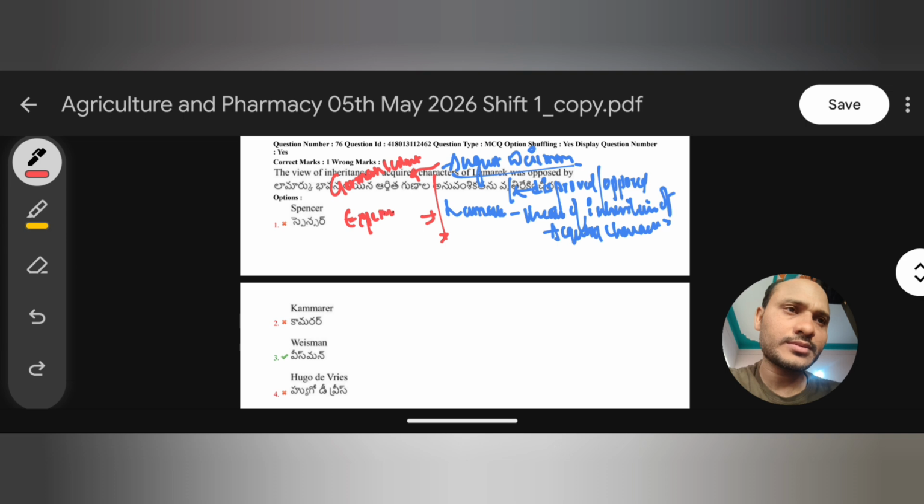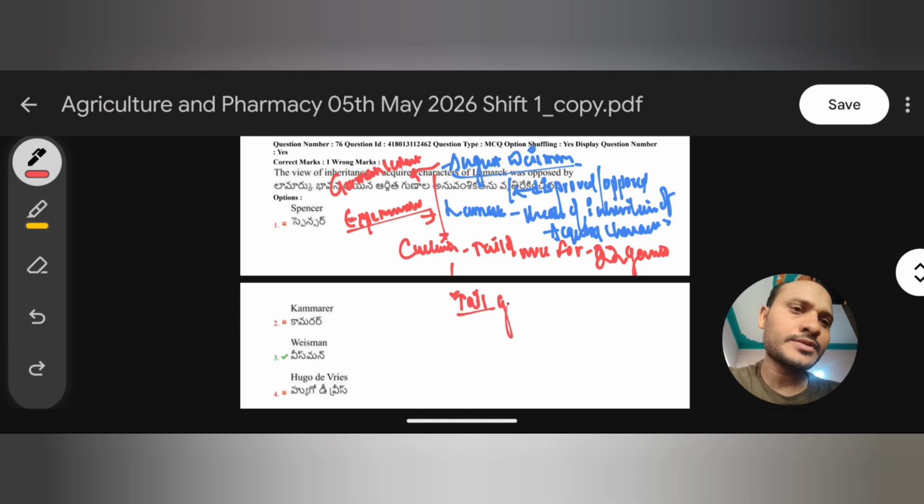He conducted one famous experiment: he cut the tail of mice for 22 generations. Remember, for 22 generations. But in every generation the next generation was born with a tail. No tailless mouse came, even though we cut the tail.